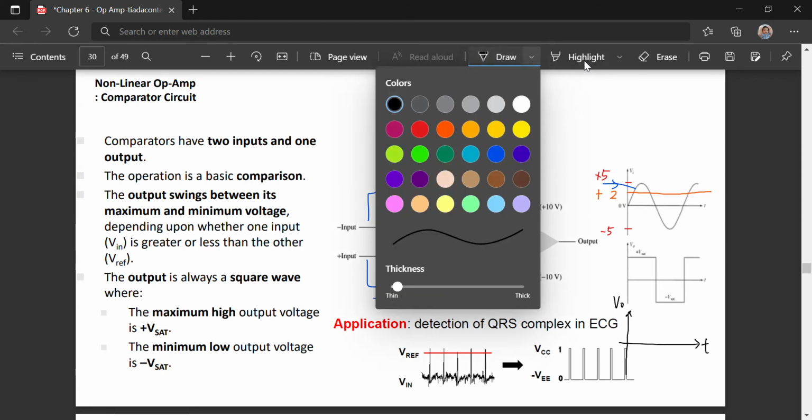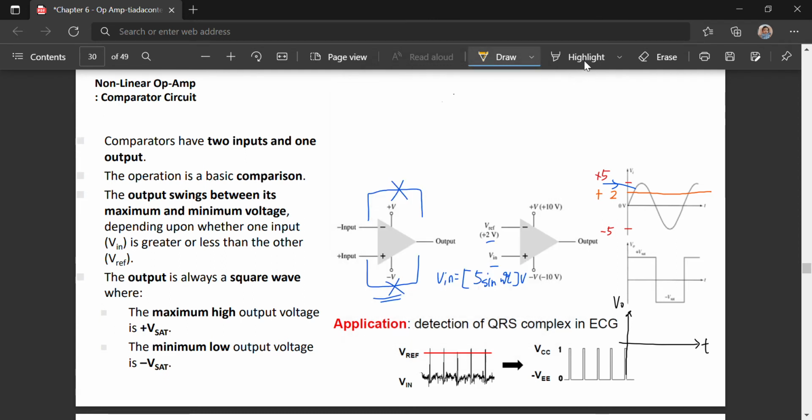So how do we compare 5 sine omega t and 2 volt? So let's find the intersection between both signal. So we get 1 point over here, 1 point over here, and another point over here.